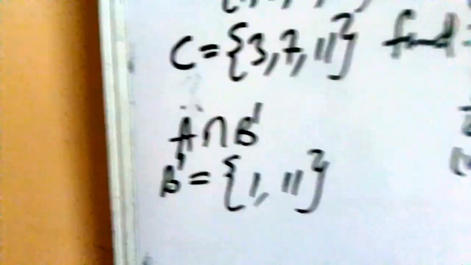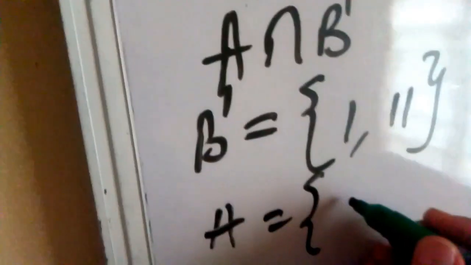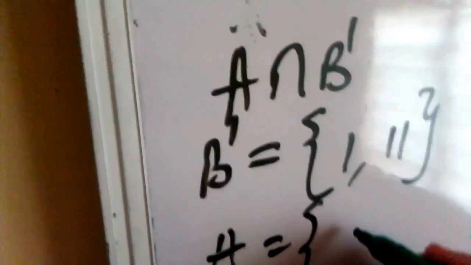So we are now comparing it with A. Set A is the set of 1, 3, 7, and 11.